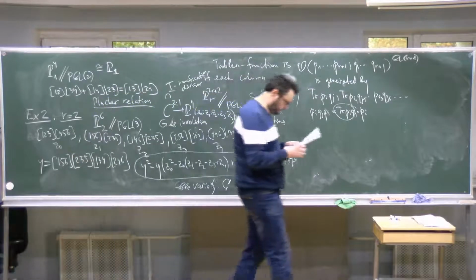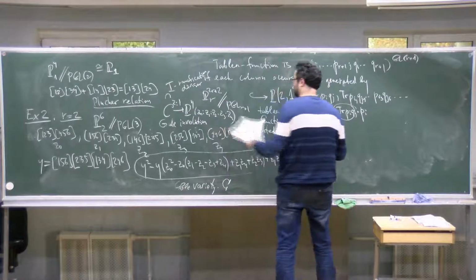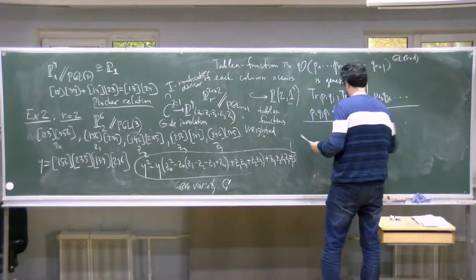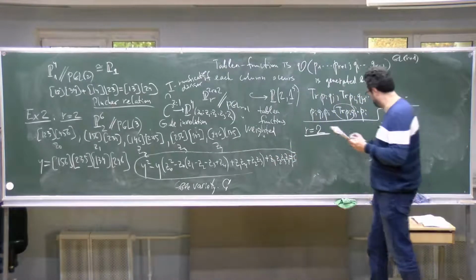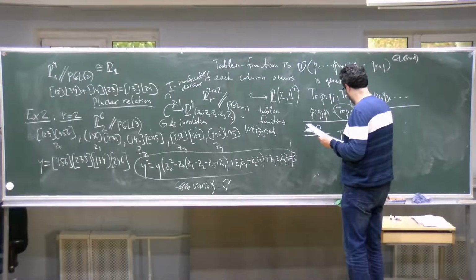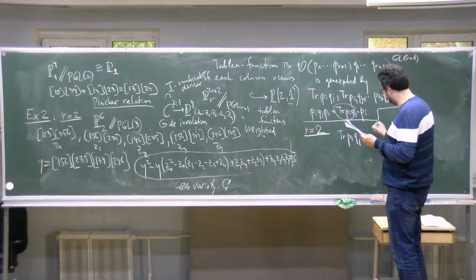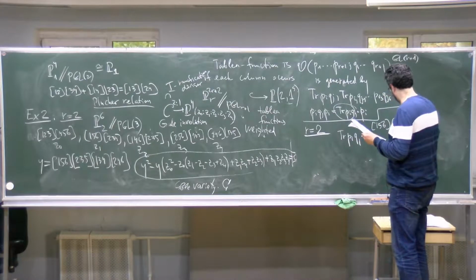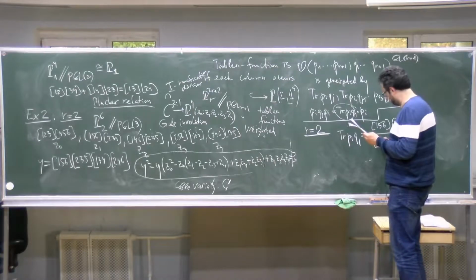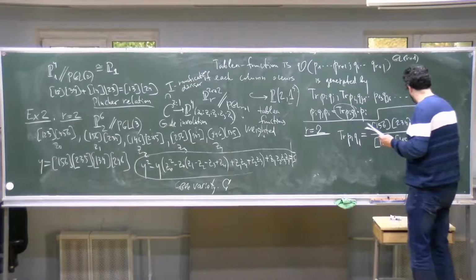I would like to tell only about the case when R is 2. In this case, the trace of P1 Q1 is the following ratio, and so on.